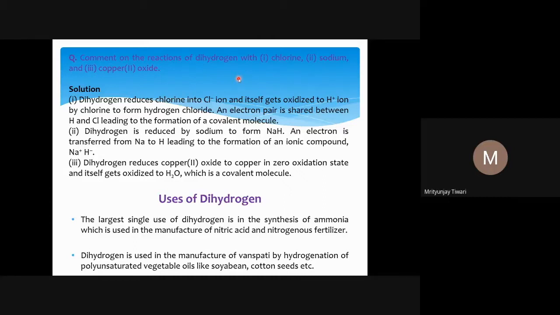So the electron will be transferred from sodium to hydrogen, and that will lead to the formation of an ionic compound. Na plus, though it is also a small cation, is much larger in size than the H plus ion, and so this compound is an ionic compound. Sodium hydride exists as Na plus and H minus, so you can write Na plus H minus, or NaH.